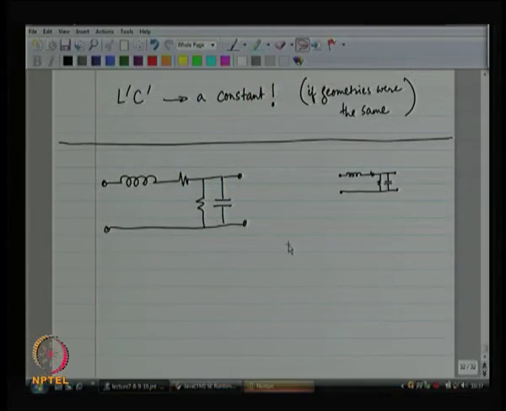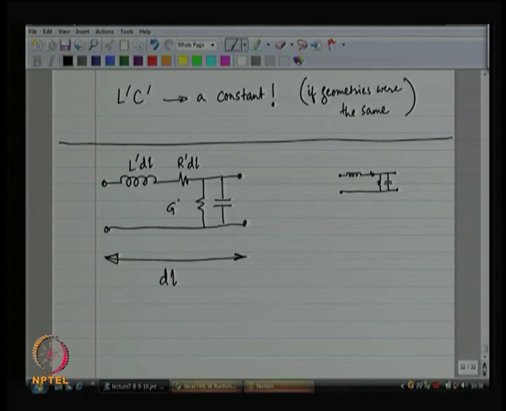So this is a little bit of a section of a wire. Let us say I have got a wire of very small length dl, then this is the model for the wire, and a wire of huge length is basically a cascade of these sections till I complete the entire length of the wire.